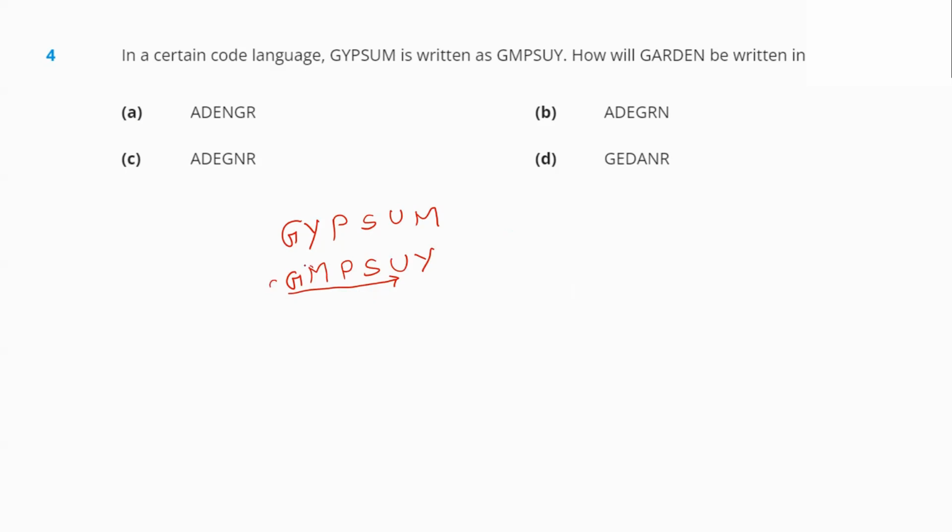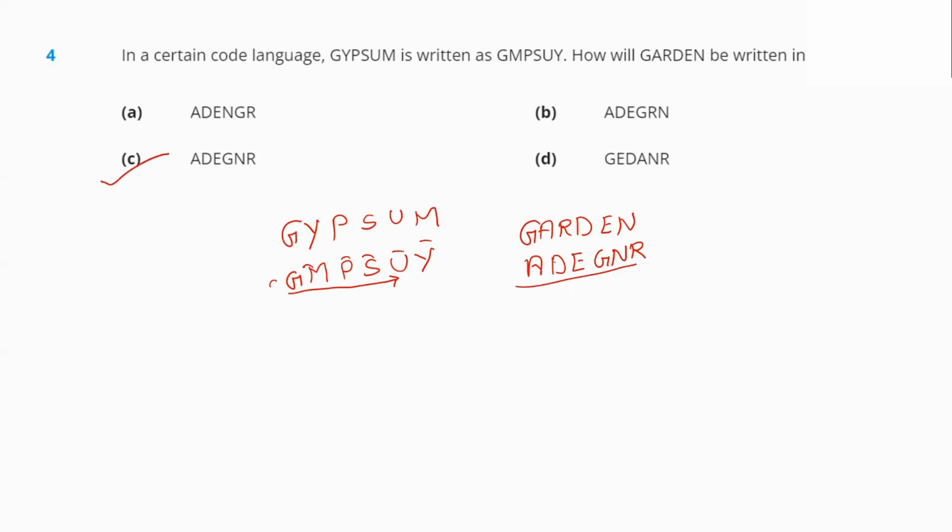Firstly G comes, then M, then P, then S, then U, then Y. So if we write garden, what comes first is A, then D, then E, G, and R. So our correct answer is option number C.